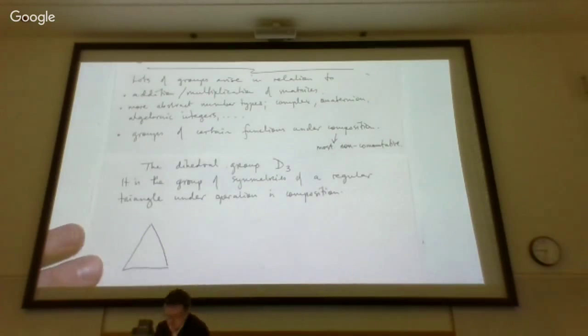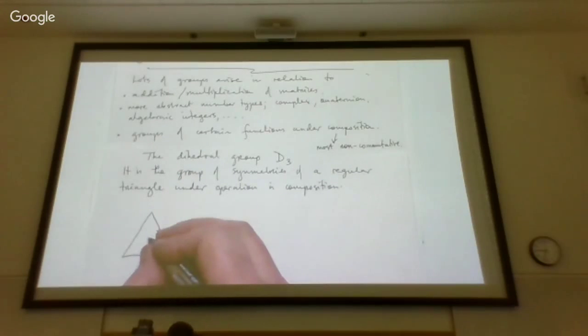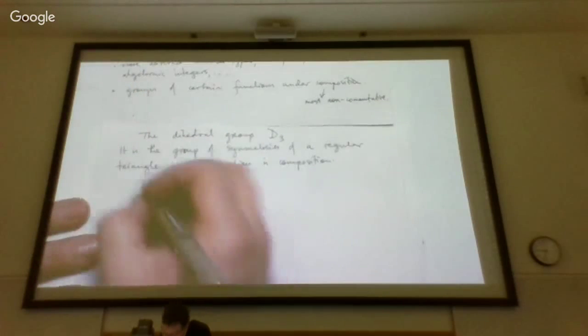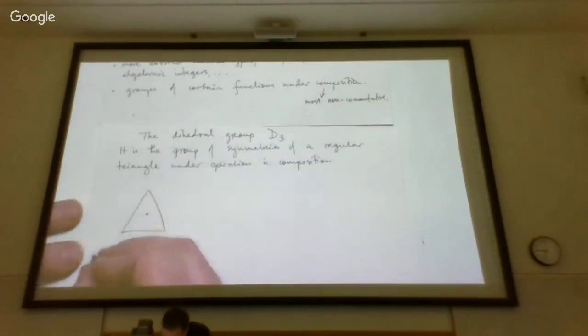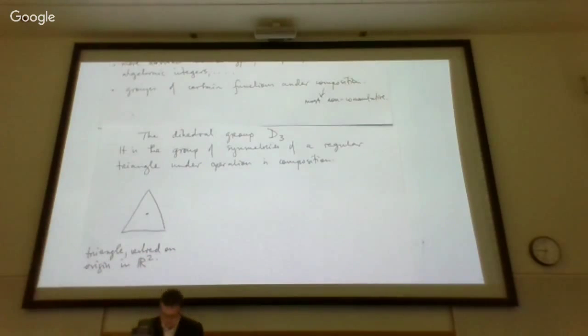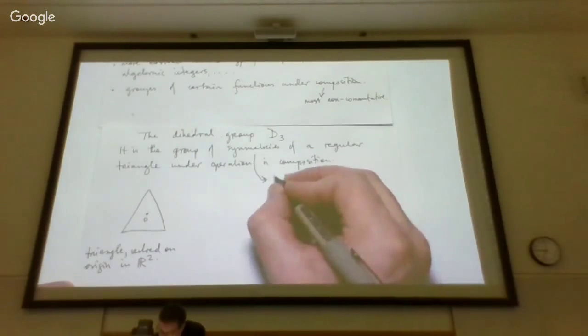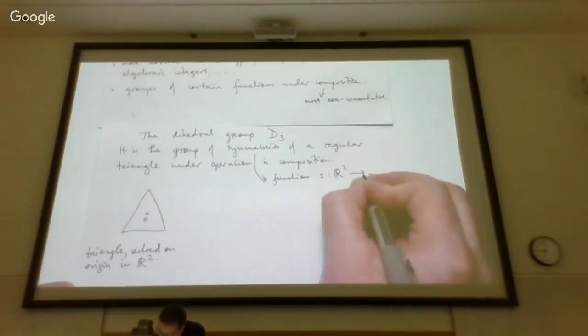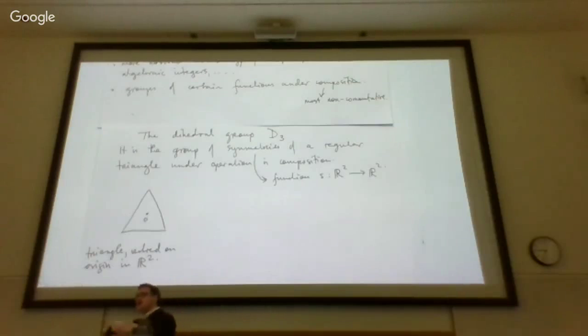So here's our regular triangle. Assume that that's regular. We'll think of it centered on the origin in R2, in the plane. My origin there in the middle of the triangle. And a symmetry, so what do we mean by a symmetry? A symmetry is, well, a certain kind of function from R2 to R2.